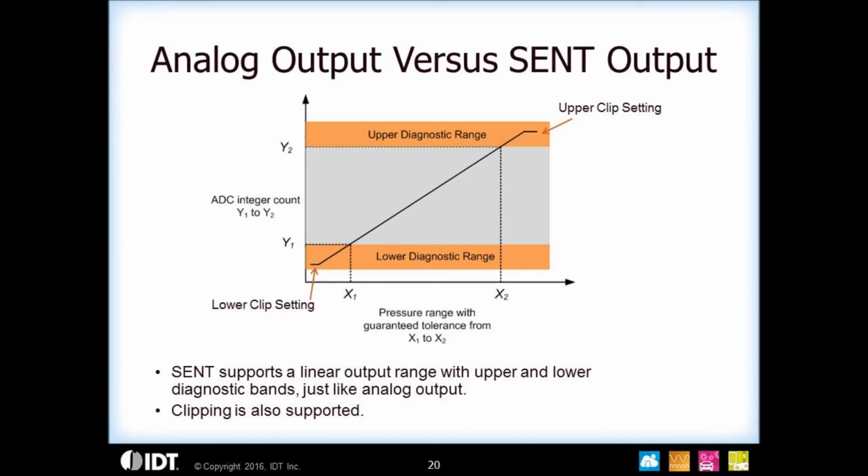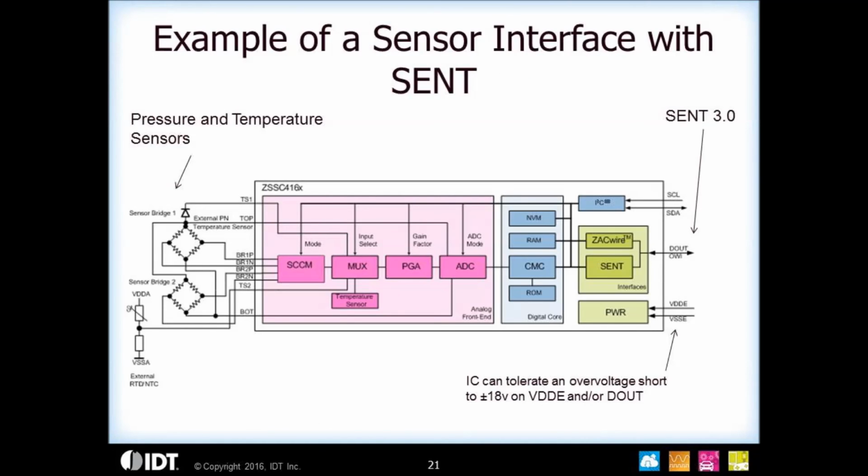That may be from your pressure range from 0 to 100 psi, for example. And then your Y1 and Y2 for the linear range, where you can define the count or whatever parameter percent of full scale. These can actually be stored in the part and read out as a slow channel message.